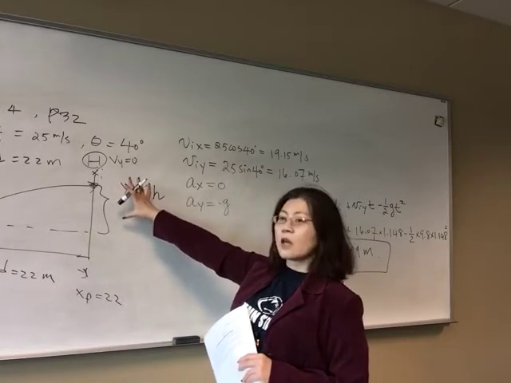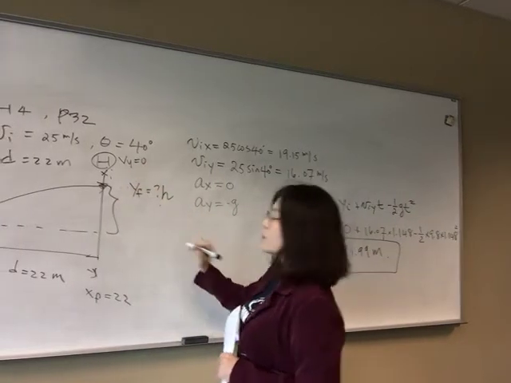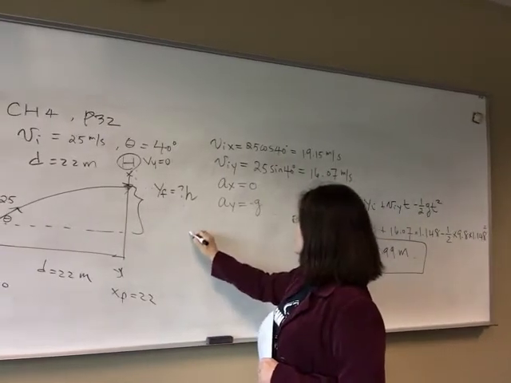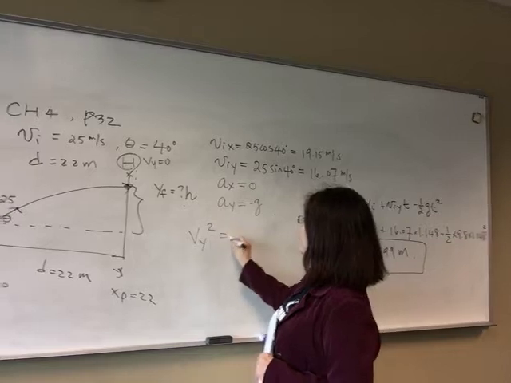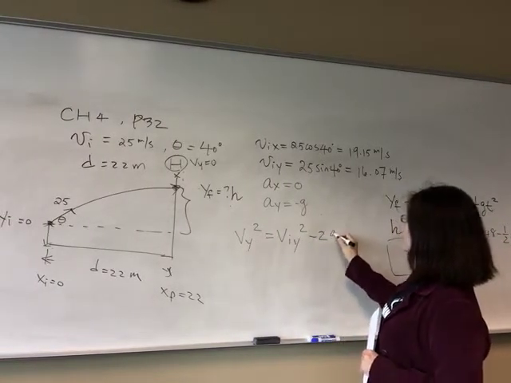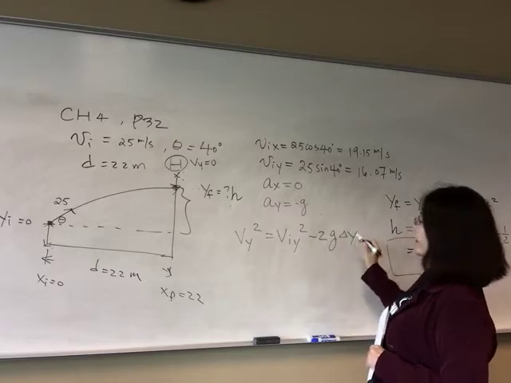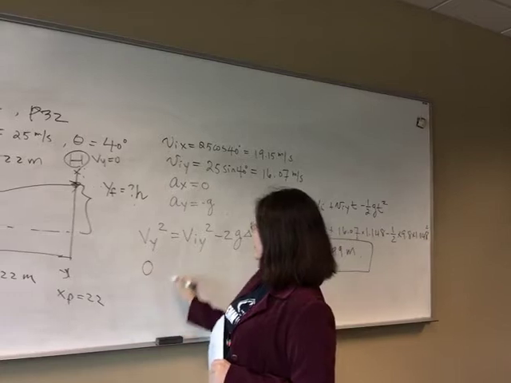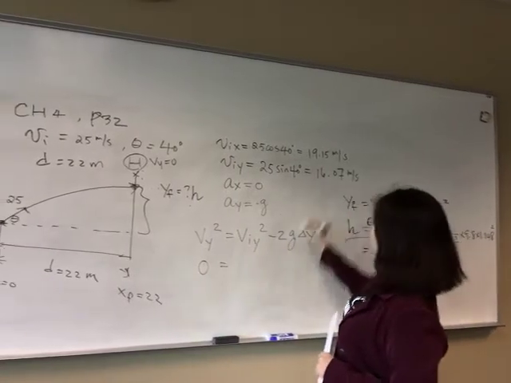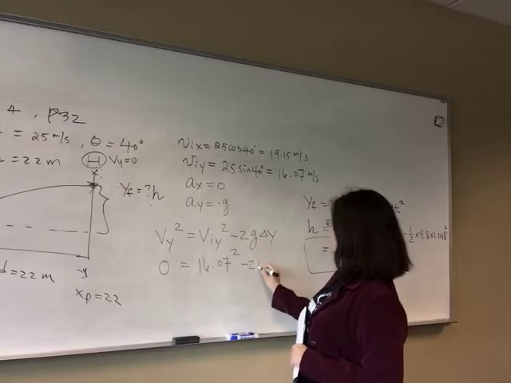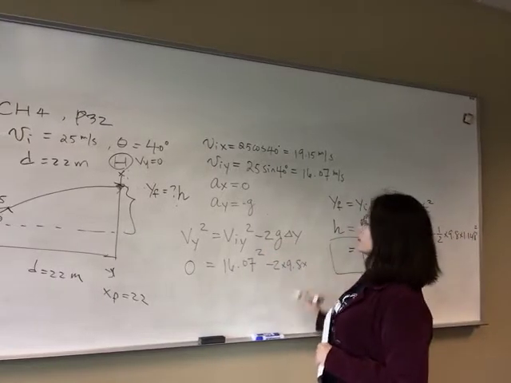We are asked to find the vertical separation. We're not interested in the time information, so we can use the other equation that we have not yet used a lot, which is Vy squared equals Viy squared minus 2 g delta y. The final velocity when they reach the highest point is 0. The initial velocity is 16.07, you square it, minus 2 times 9.8 times the separation.